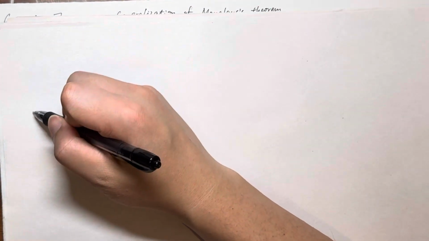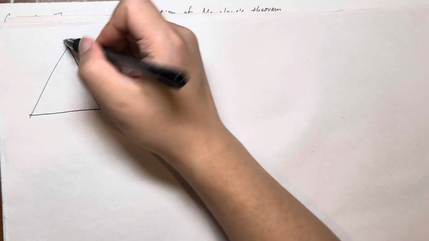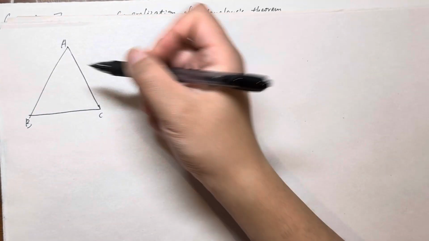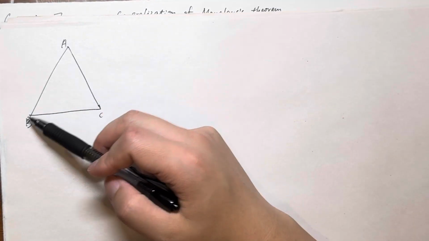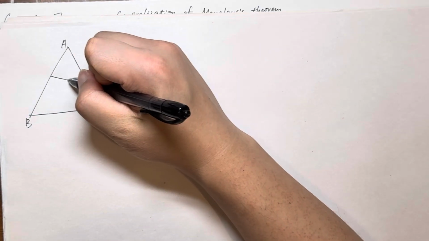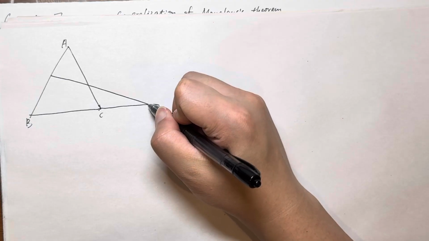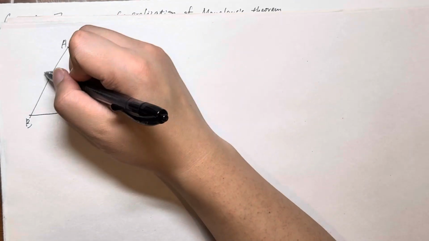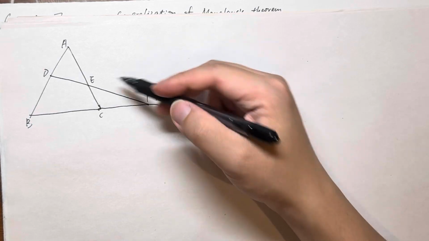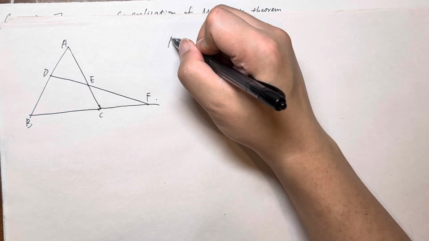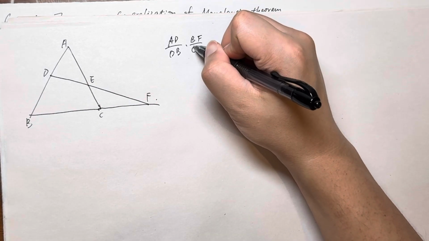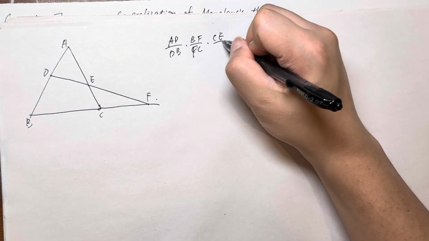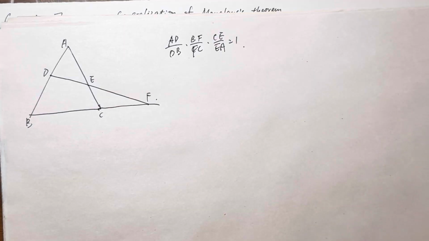The Menelaus theorem says that if we have a triangle ABC and we can find points D, E, F on the lines AB, BC, AC respectively, then D, E, F are collinear if and only if AD/DB times BF/FC times CE/EA equals 1. That's the Menelaus theorem and its converse.